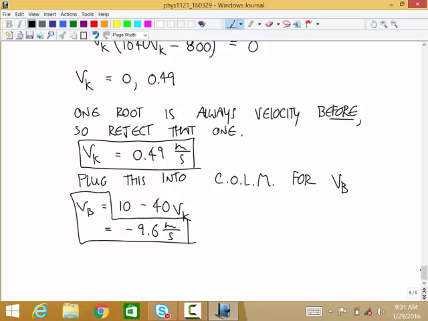And the way to think about it is, think about the impulse that the person applies to the ball, the amount of force over time that the kid has to apply to the ball. In the first case, the kid has to slow the ball down to a speed of positive 0.24.